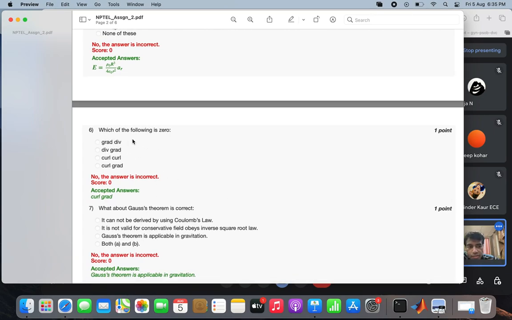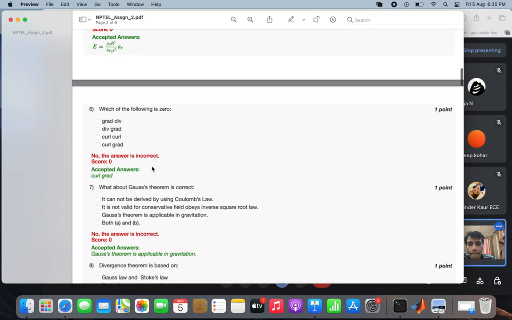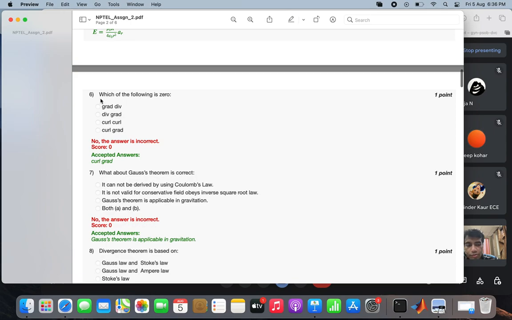Which of the following is 0? So can anybody tell me which of the following are 0 over here? Can you see my screen? It's given over here, question number 6.